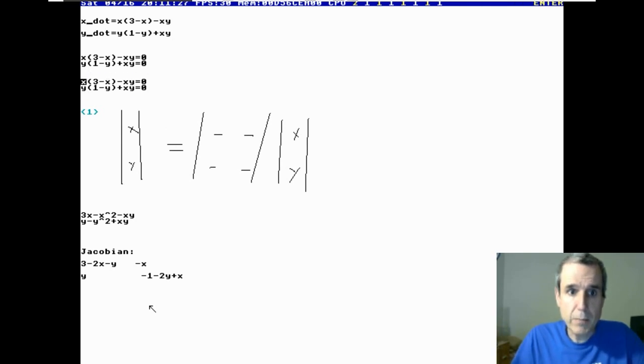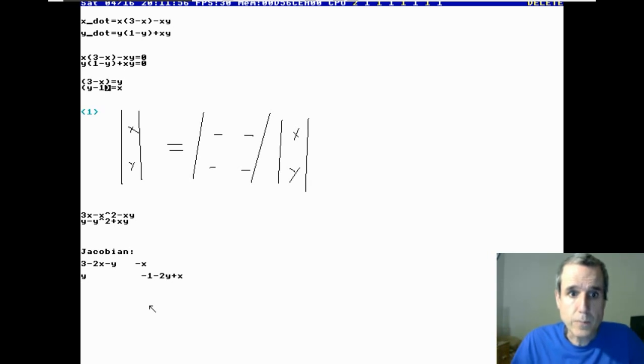If we divide by x, we get this, and if we divide by y, we get that. I'm just reversing this.